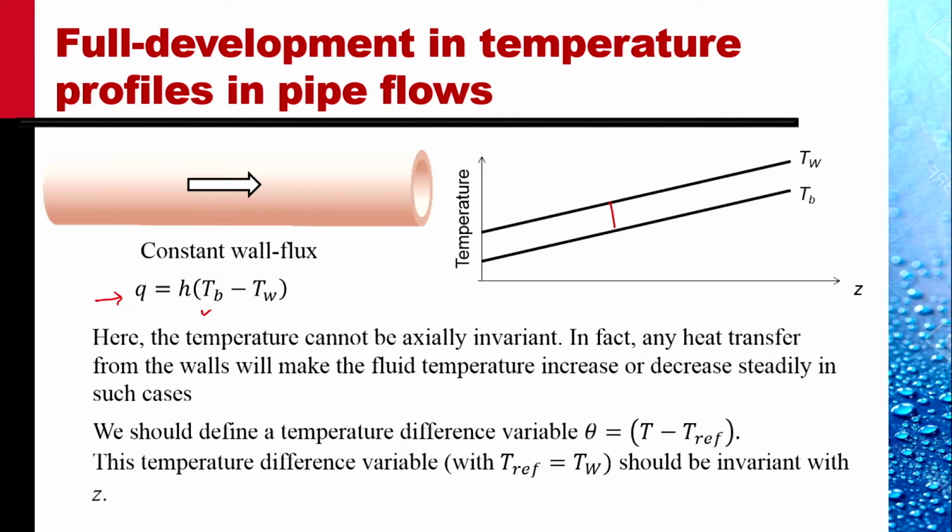So we could introduce a temperature difference variable theta. That is, we can measure T relative to any reference temperature. Here we have chosen the reference temperature to be the wall temperature, the local wall temperature.